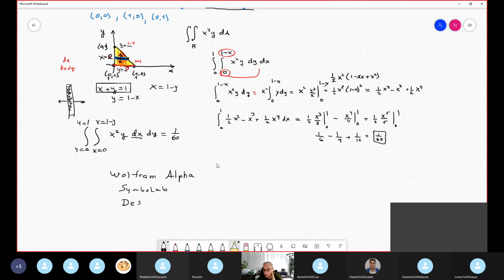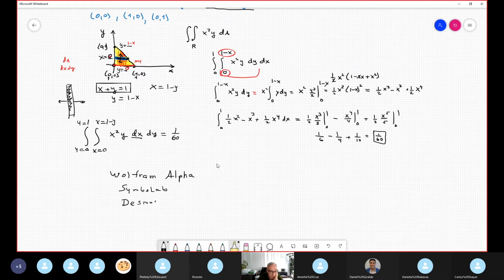Yeah, of course, Ricardo. I prefer Wolfram, I don't know why. This is habit. So I recommend that you open this application and create your own habit because it's too easy. This is amazing.